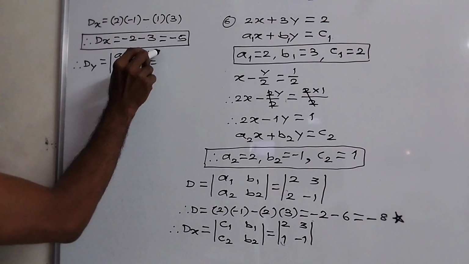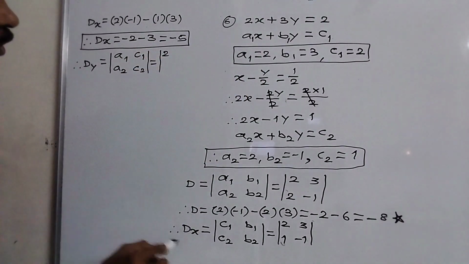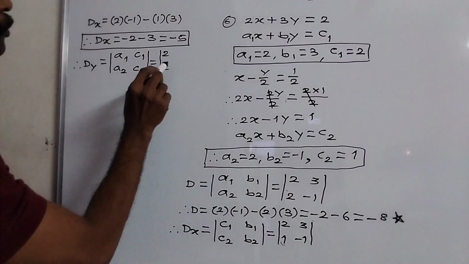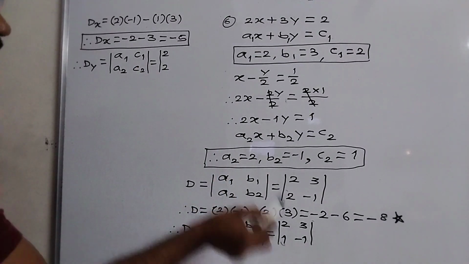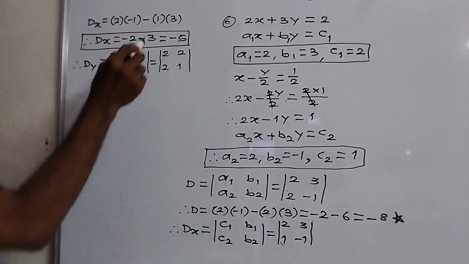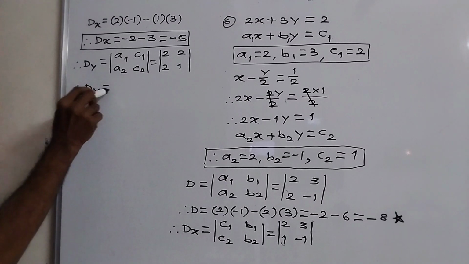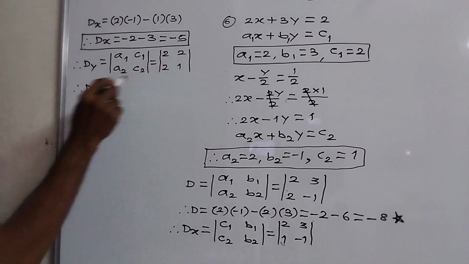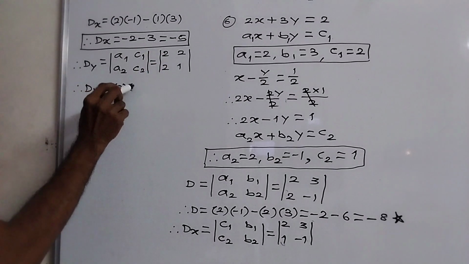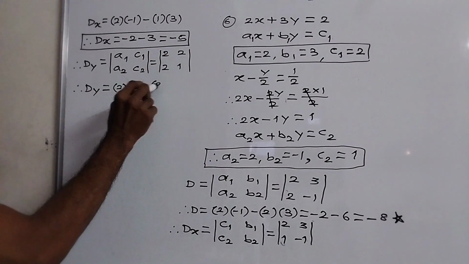Now we put values: a1 is 2 and a2 also 2, now c1 is 2 and c2 is 1. Same method we apply here. dy is equal to the multiplication 2 into 1 minus 2 into 2.